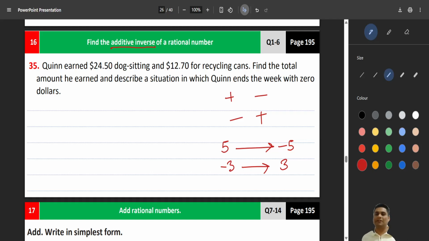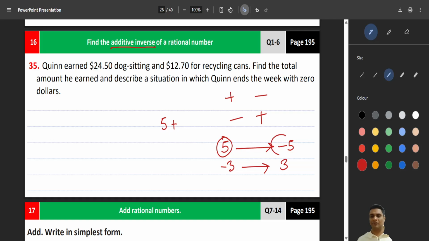That is additive inverse. Now the question is, why do we need additive inverse? If you want to make something 0, then we add that number with its additive inverse. How? See, this is 5, right? If I want to convert the 5 into 0, what will I do? I will add its additive inverse to it.